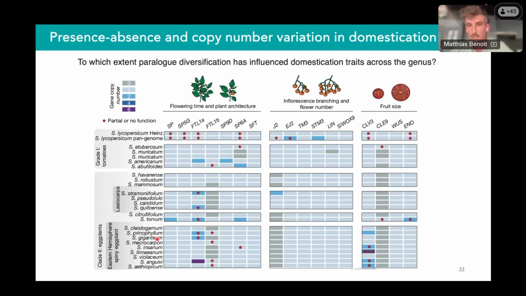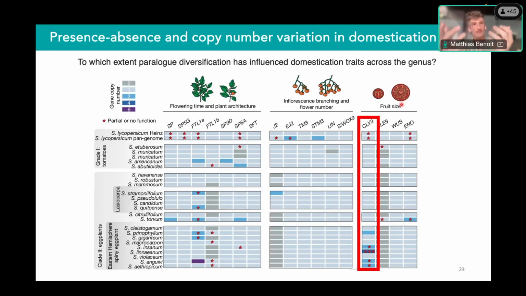What I want to focus on here today is this gene, which is called CLAVATA3. CLAVATA3 is an extremely important gene in the history of domestication of tomato, because mutation in CLAVATA3 is linked to an increase in fruit size, as you can see schematized here. CLAVATA3 is a small signaling peptide that controls the stem cells at the level of the meristems and the flowers. So basically, when you lose CLAVATA3, plants tend to develop meristems that over-proliferate because they over-generate stem cells.